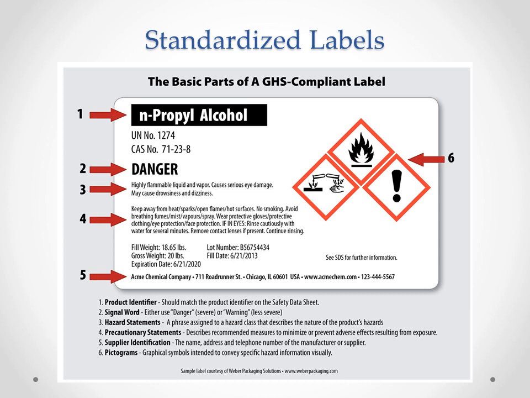So going back to our sample label, we see number 3, the hazard statement, says highly flammable liquid and vapor. That corresponds to number 2 in that numbering system. Causes serious eye damage, may cause drowsiness and dizziness. So those are the actual hazards presented by this chemical.